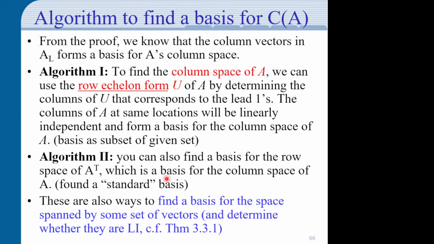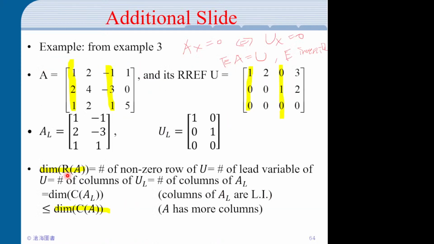And algorithm 2 says that you transpose the vectors and list them as rows, and you do the Gaussian elimination, and you will find some vectors. Those vectors are not a subset of the originals, but they are kind of standard because you have those 1 0 0 0 and 0 1.